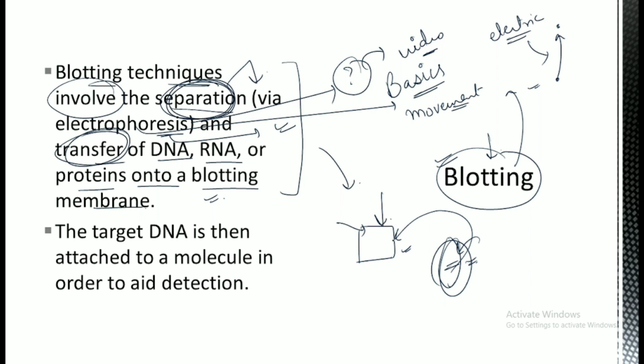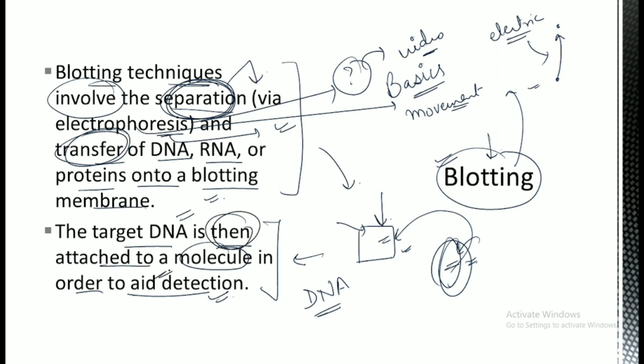Then what happens after this particular process is done, the target DNA is attached to a molecule in order to aid the detection. That means we are actually trying to detect a particular type or a particular DNA molecule. So the target DNA is then attached to the molecule.